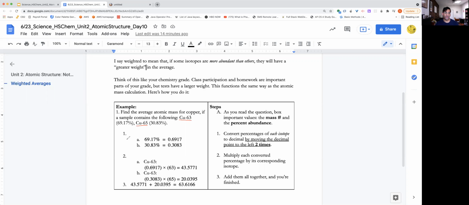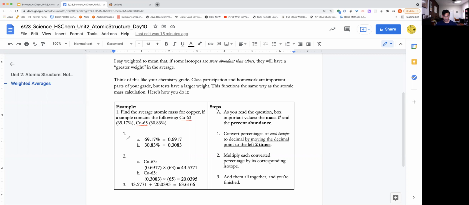And let's say that 69.17% of my sample is copper 63, and the other is copper 65. And I want to figure out the average atomic mass of this sample, okay? So I've got my two isotopes, but I also have my two percentages. And so we need to do a calculation involving both their percentages and the isotope value, all right?